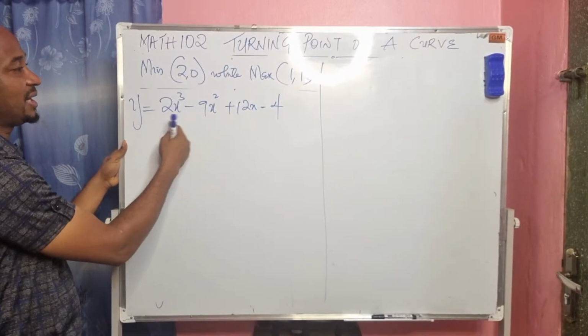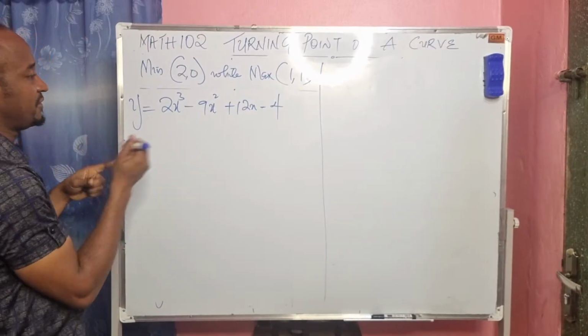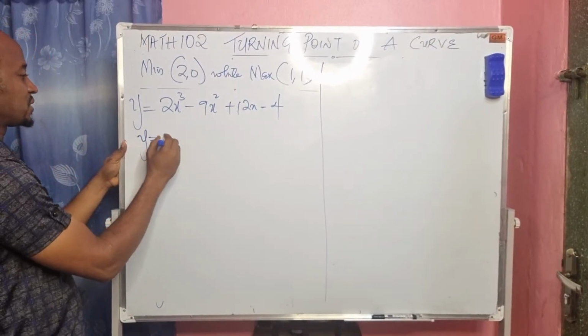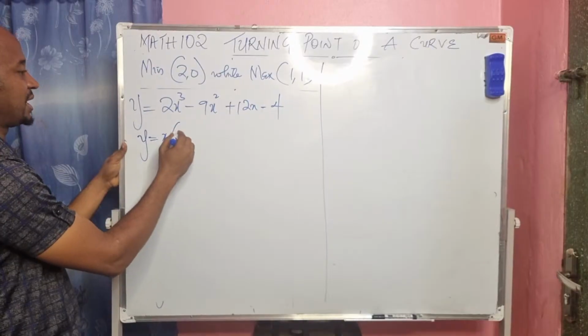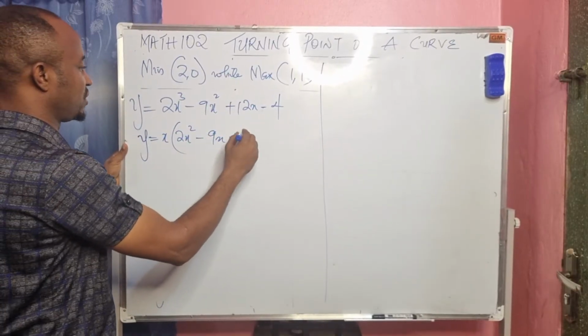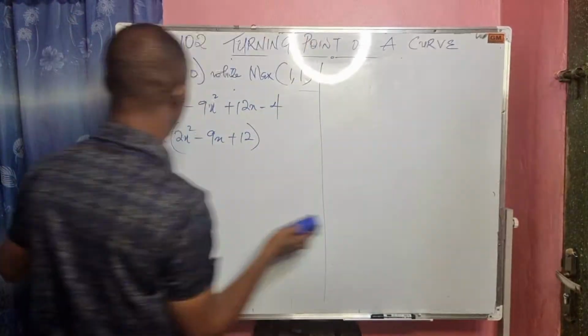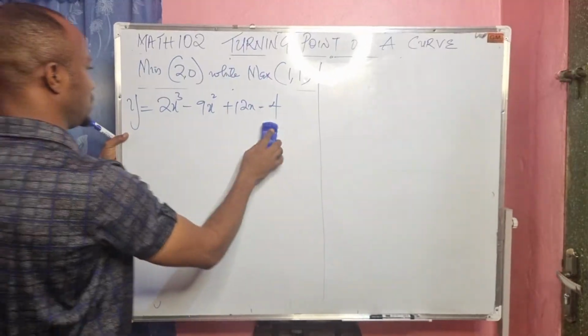Although I can factorize my x, if I factorize x, y equals x times 2x squared minus 9x plus 12. This cannot work this way. So I have to apply what we call the factor theorem.